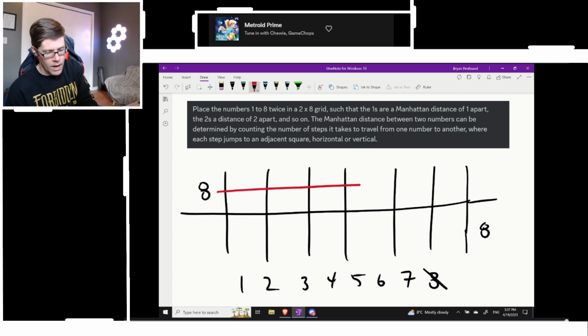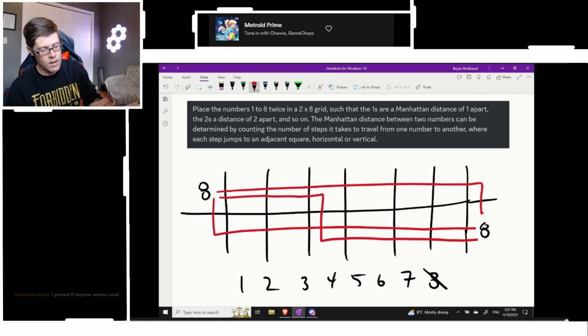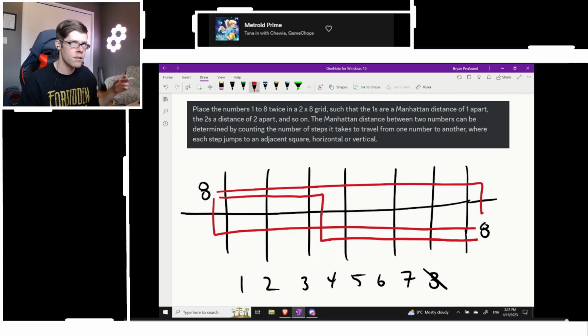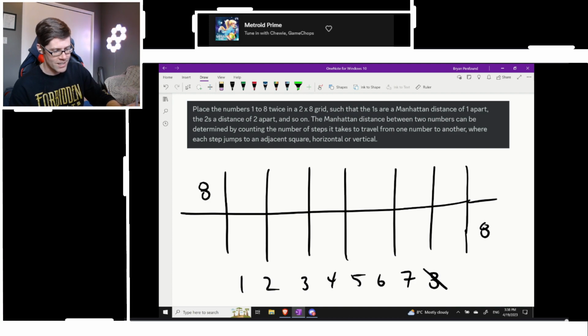I could go down first and over, but it has to be consistent. I could also go a couple over, then down, then the rest over. But the Manhattan distance is a unique number no matter what path we take to get there. So we can't be super fancy with it, unfortunately.